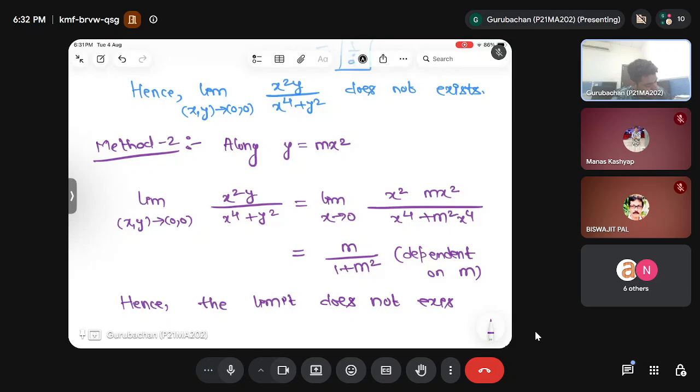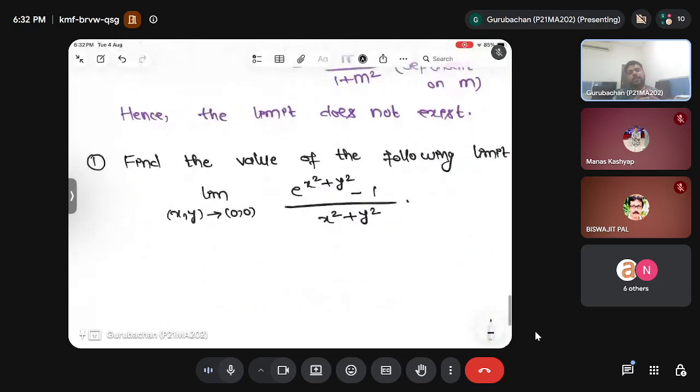Limit as (x, y) tends to (0, 0) of a to the power x square y square minus 1 divided by x square plus y square. You need to calculate the limit of this function.